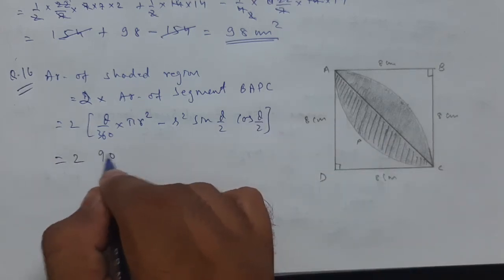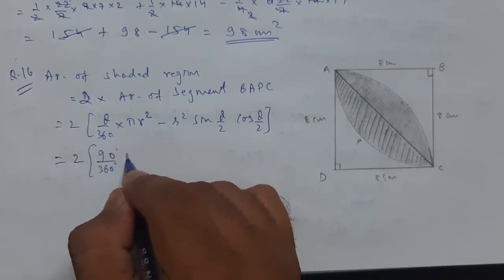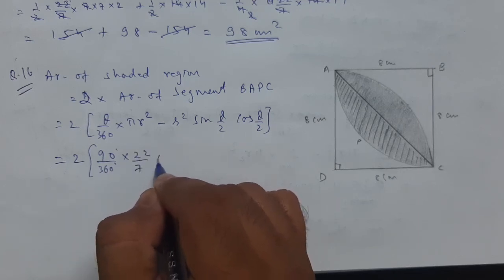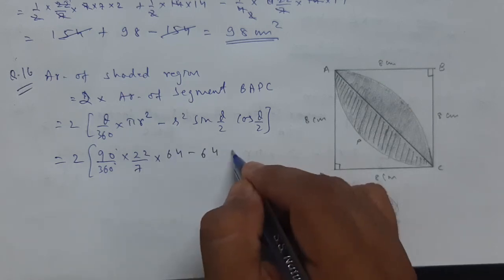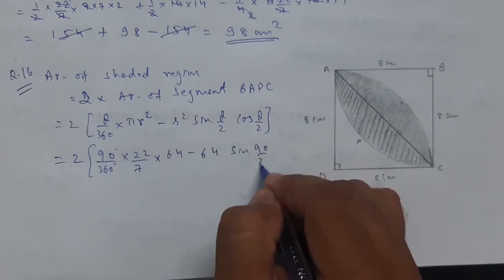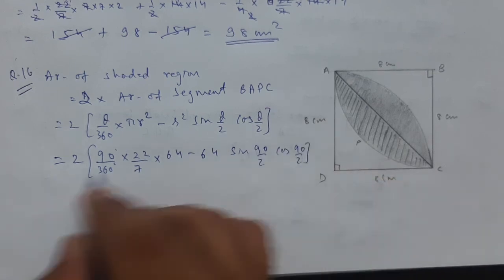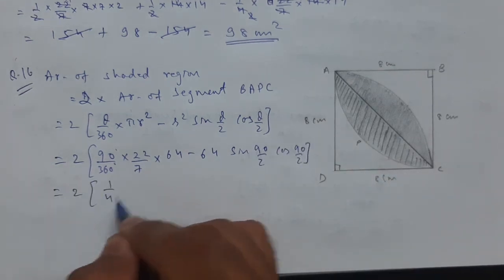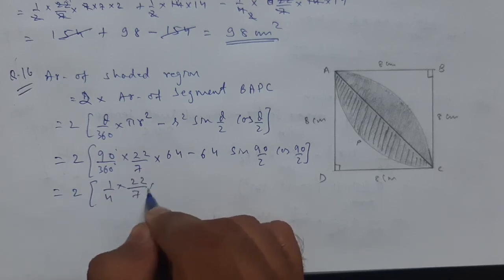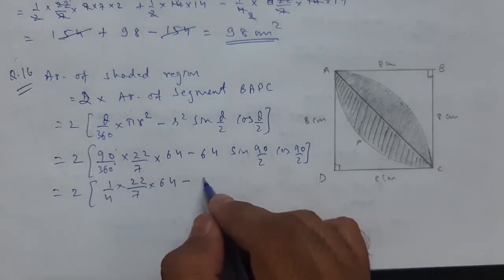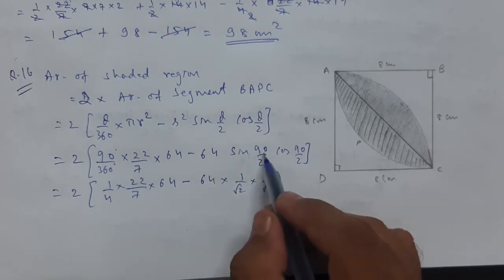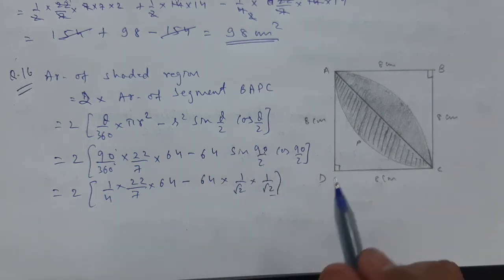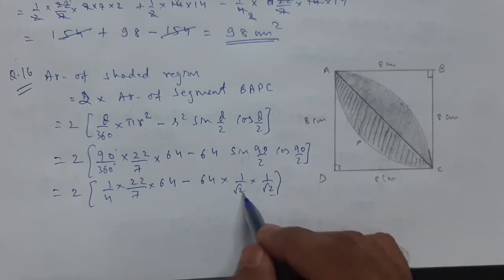That is equal to 2 bracket 90 by 360 into 22 by 7 into 8 into 8 is 64 minus 64 sin 90 by 2 cos 90 by 2, 2 into 1 by 4 into 22 by 7 into 64 minus 64 into 1 by root 2 into 1 by root 2. The value of sin 90 by 2 will be sin 45, so value of sin 45 you can get from trigonometric table, 1 by root 2.